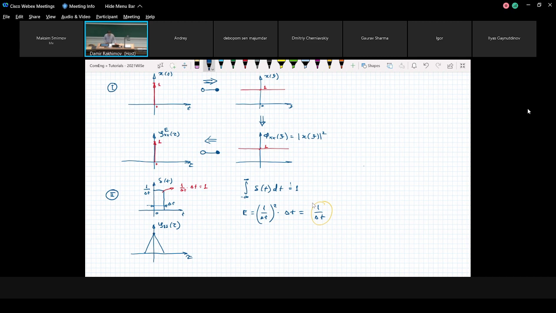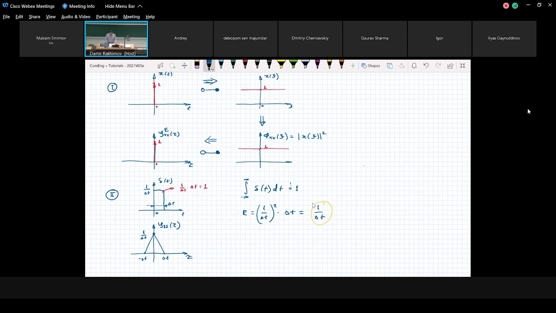For tau equals 0, I just use the energy that I have calculated before. I see that for tau equals 0, the amplitude of the autocorrelation function equals 1 over delta t. And this triangle goes from minus delta t to delta t.